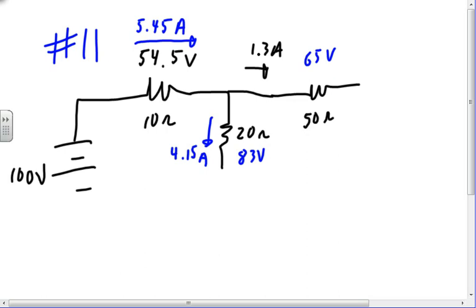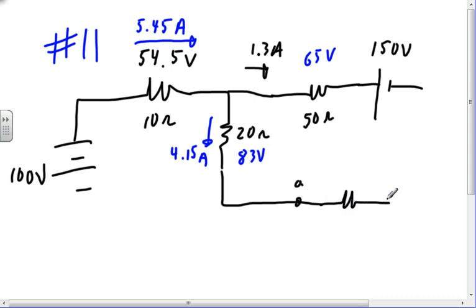Okay, then I got this battery, and it's 150 volts. Okay. Now I come down this way and I find I've got a resistor and I got a point A and I've got a resistor and I got a point B and I don't know what it is and I'm calling it R.